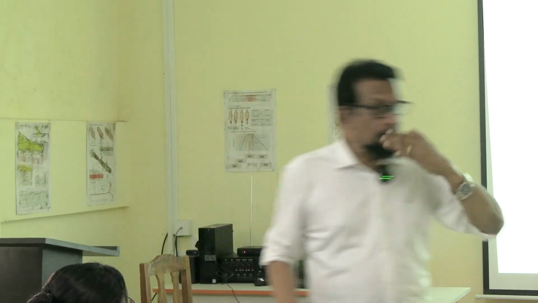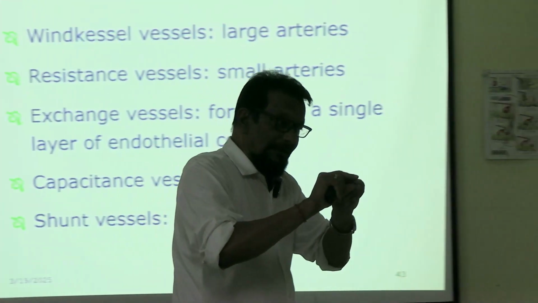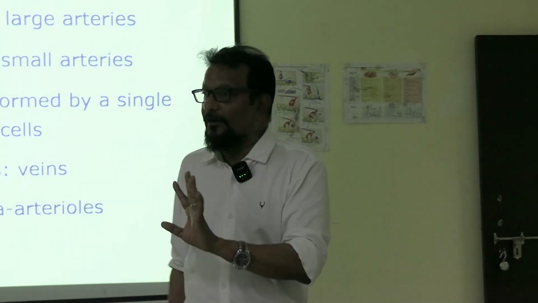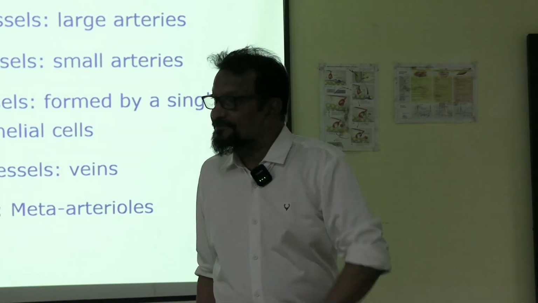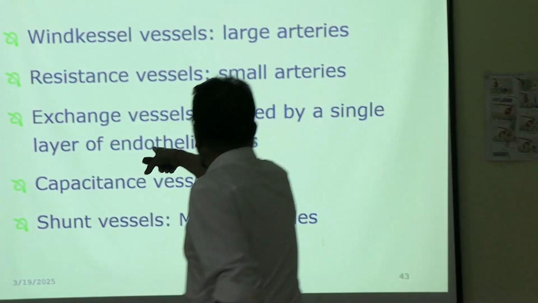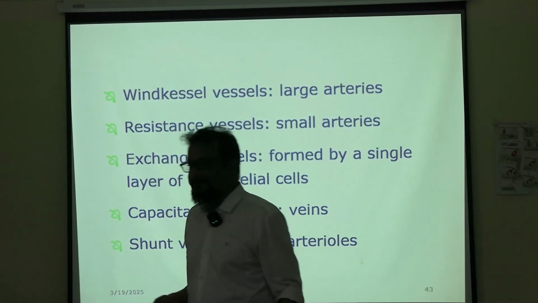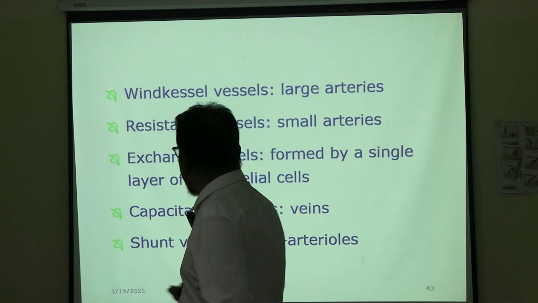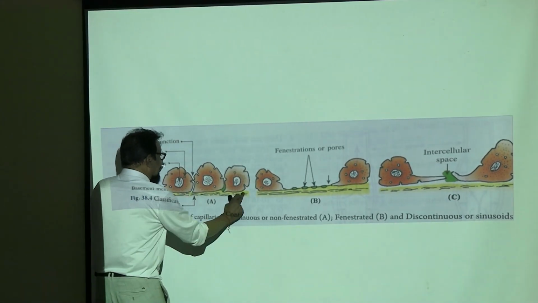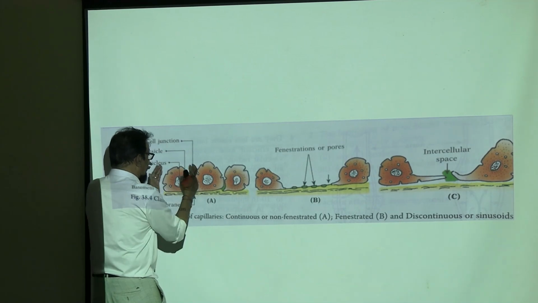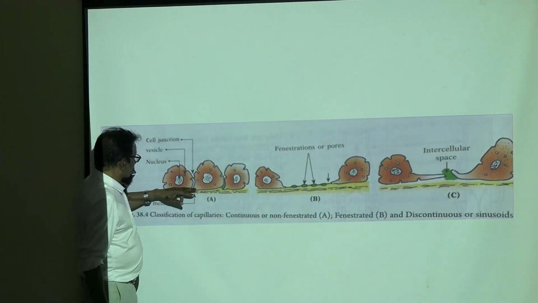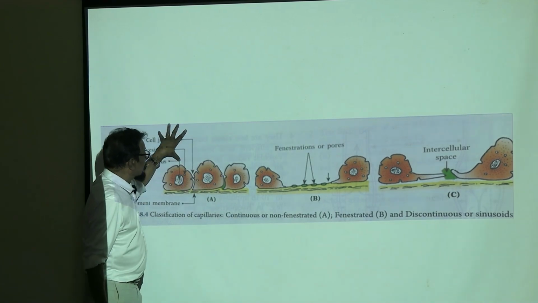Okay. So in these capillaries, only endothelium is there. Now we'll see capillaries are of 3 types. These exchange vessels are of 3 types. What are these? Capillary endothelium lined on a basement membrane. This is the basement membrane, capillary endothelium. So this is the wall, here the blood is flowing.